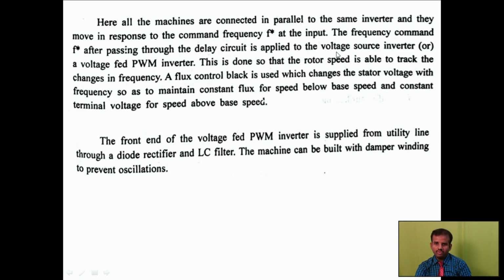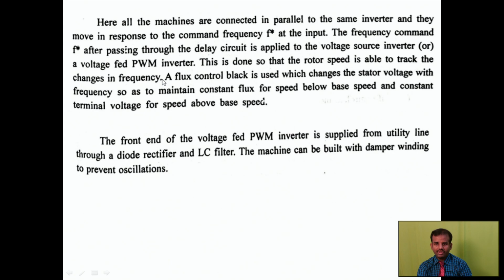Either a voltage source inverter or a voltage fed PWM inverter can be used here. This is done so that the rotor speed is able to track the changes in frequency from 0 to the desired value.